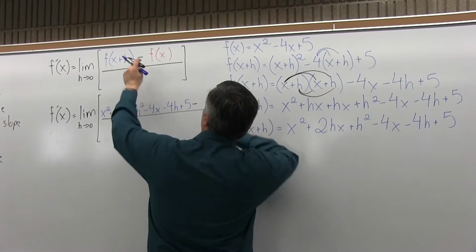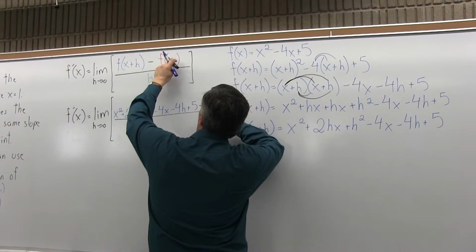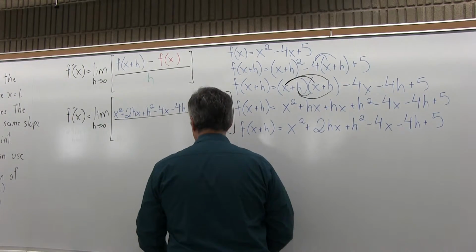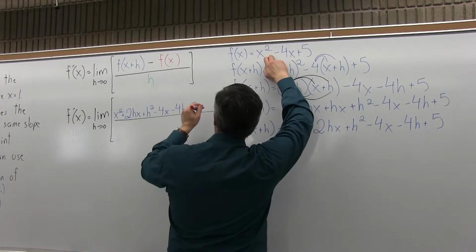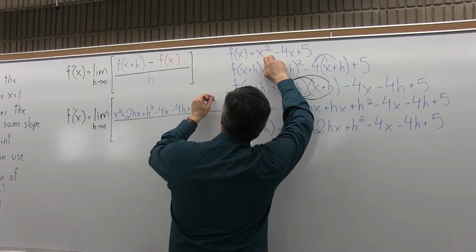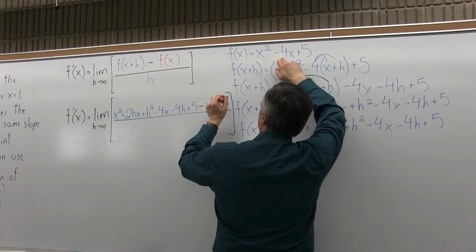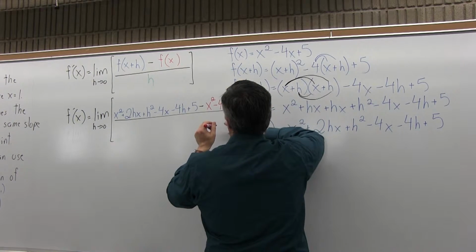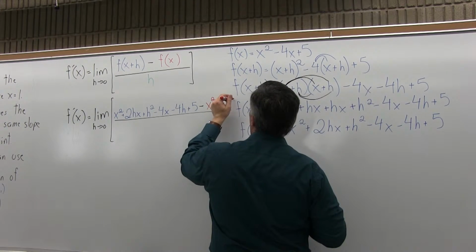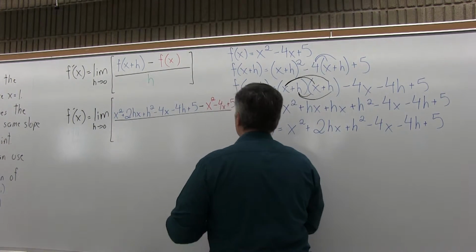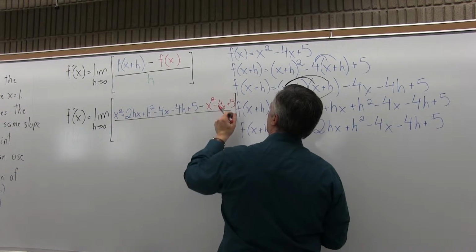And I have minus, this minus here, f of x, which is written in red. And now f of x is given in the question. It is x squared minus 4x plus 5. I'll just make a little more room. Push that bracket back a tiny bit.